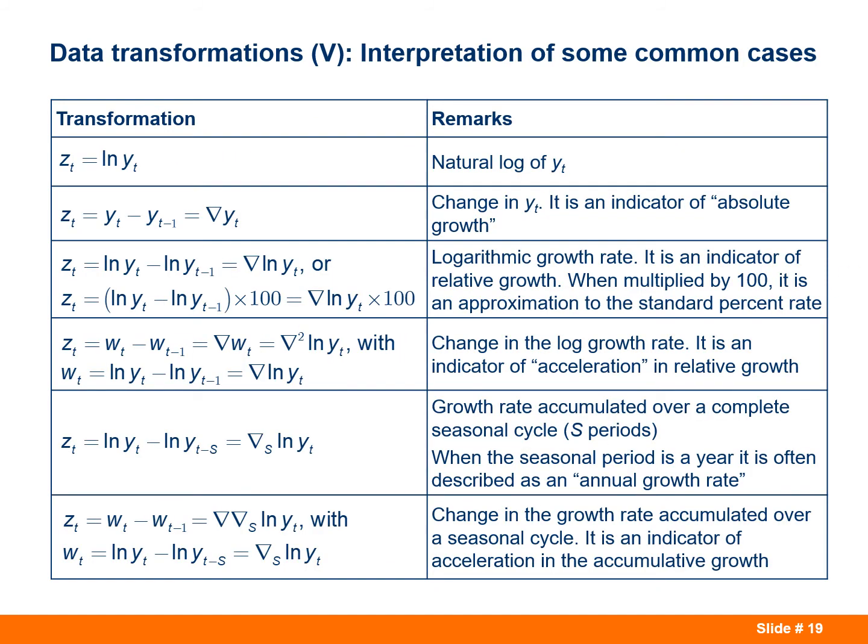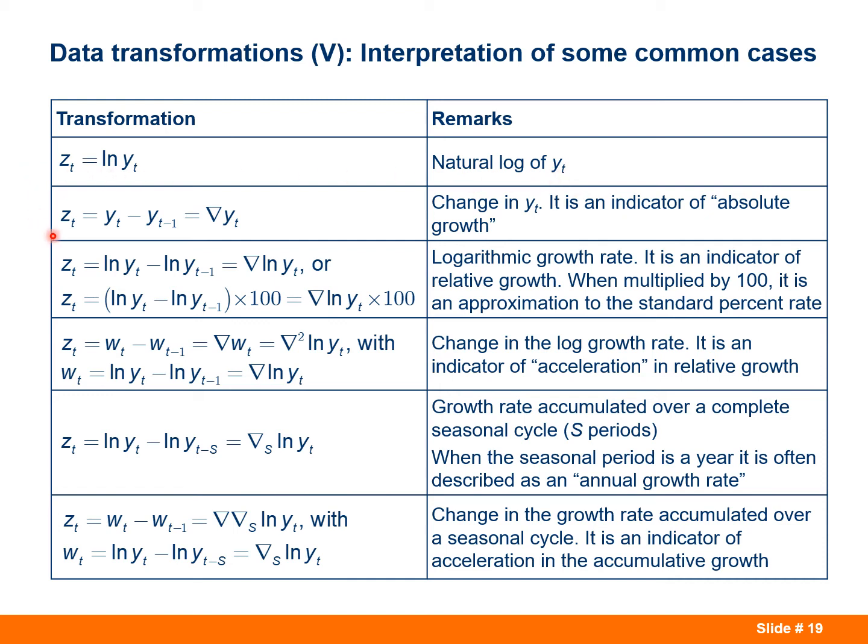Now let us review the interpretation of the transformed data in some common cases. First of all, if you have zt equal log yt, you are out of luck because this time series, zt, has no interpretation other than it is the natural log of yt.